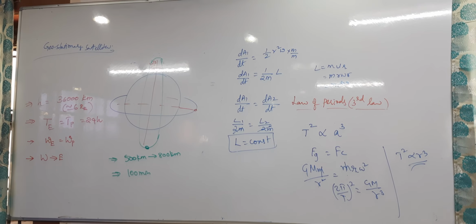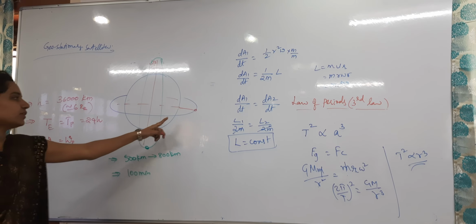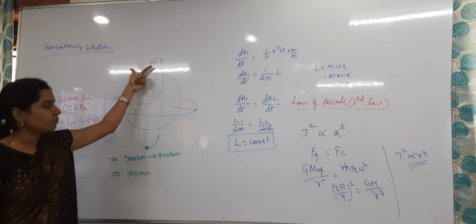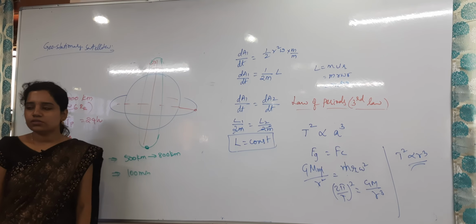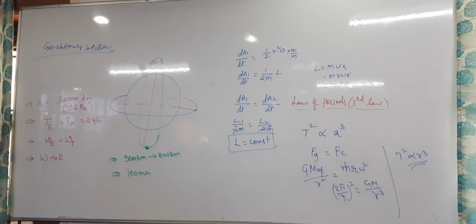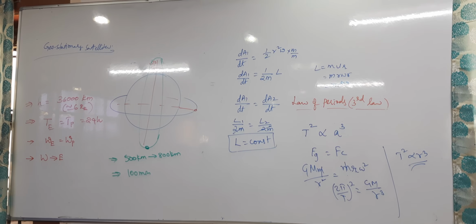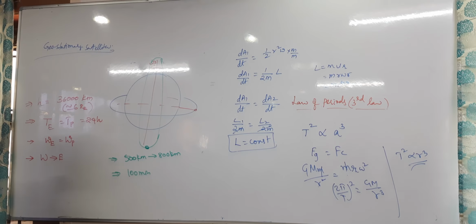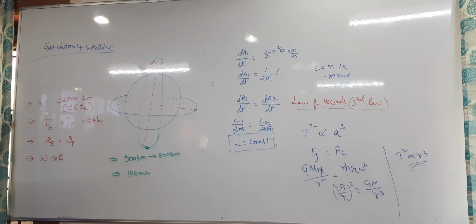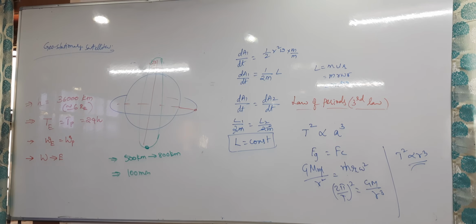So I said this will revolve from which direction to which direction? Geostationary, west to east. This will revolve from north to south. The direction of revolution of polar satellites is from north to south.